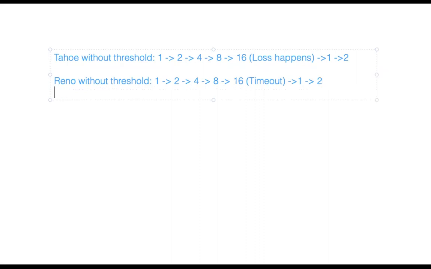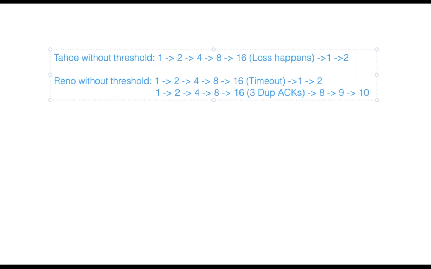But if it's not a timeout, it will do something else. Say this is 4, then 8, then 16, and this loss is due to 3 duplicate ACKs. Then it will not go back to 1, it will go to 8. So it cuts the size in half, and then increases linearly.